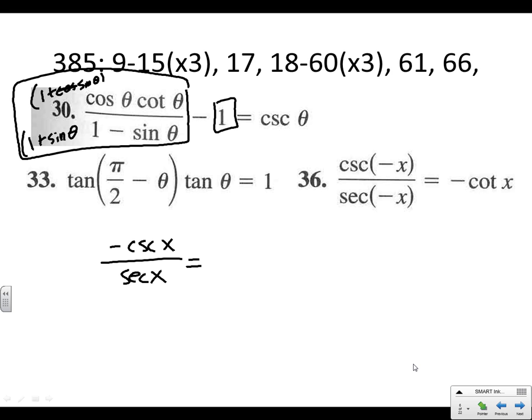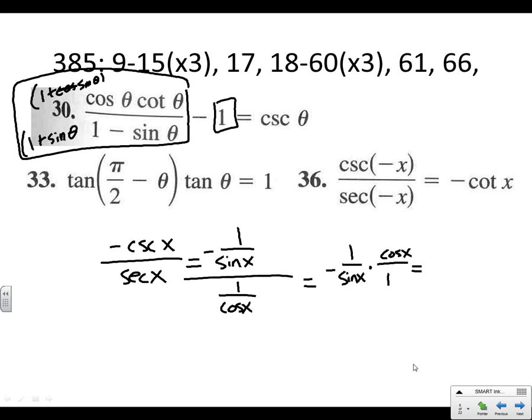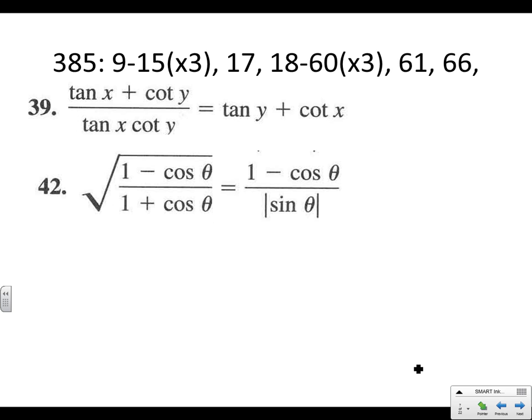And so we'll change these into sines and cosines. This is negative 1 over sine over 1 over cosine. Let's multiply by the reciprocal. So we'll have negative 1 over sine times cosine over 1, which is cosine over sine, which is cotangent. Then we have our answer.